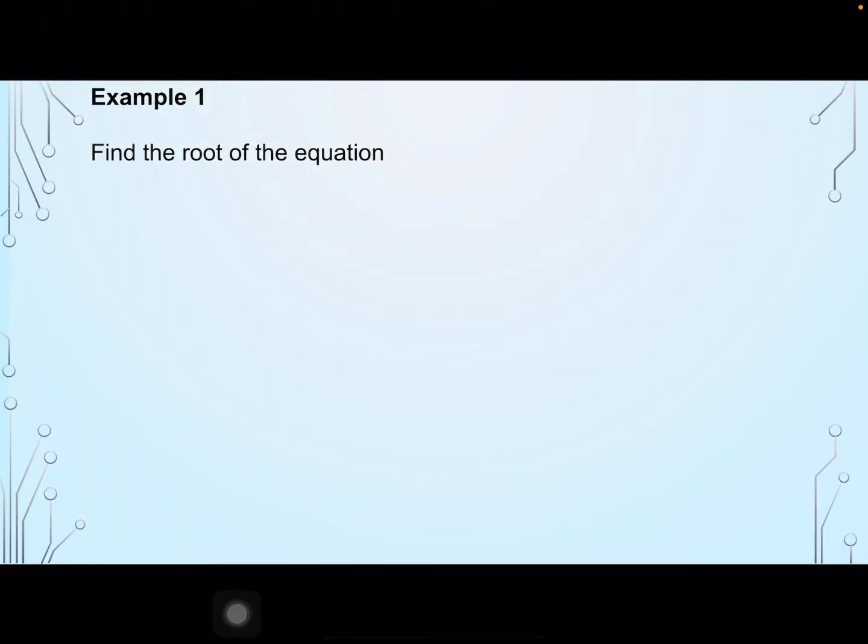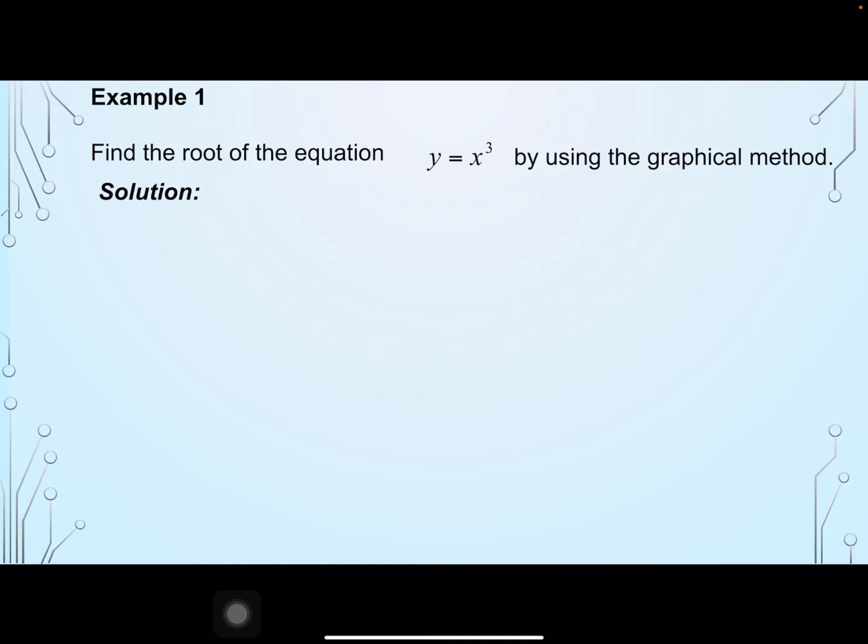Example 1. Find the root of the equation y equals x cubed by using the graphical method. Now, let's sketch the graph of y equals x cubed.